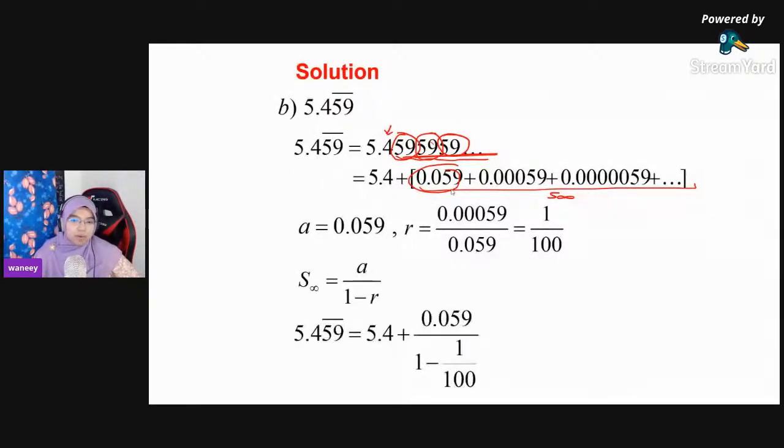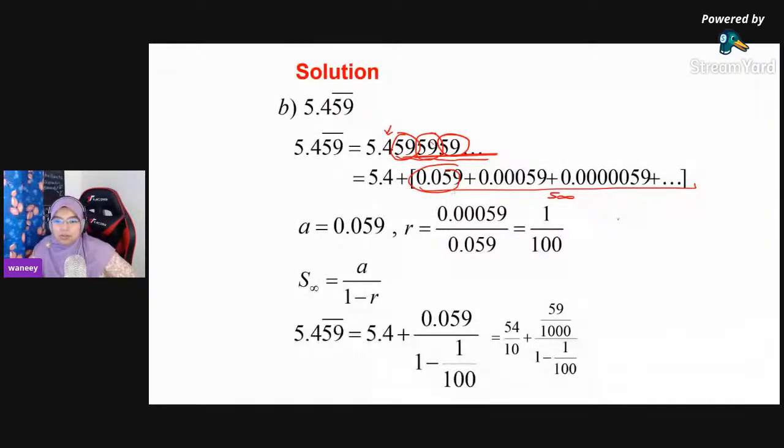So we have 5.4 plus 0.059 over 1 minus 1 over 100. Simplify them a little bit. 0.059 is actually 59 over 1,000 over 1 minus 1 over 100. So it should be 1081 over 198.